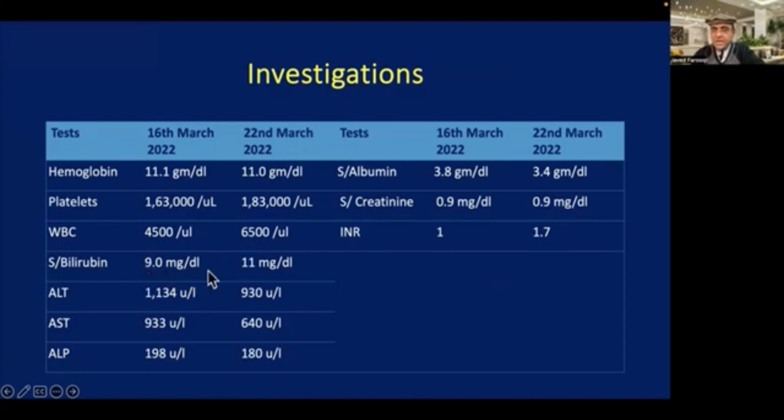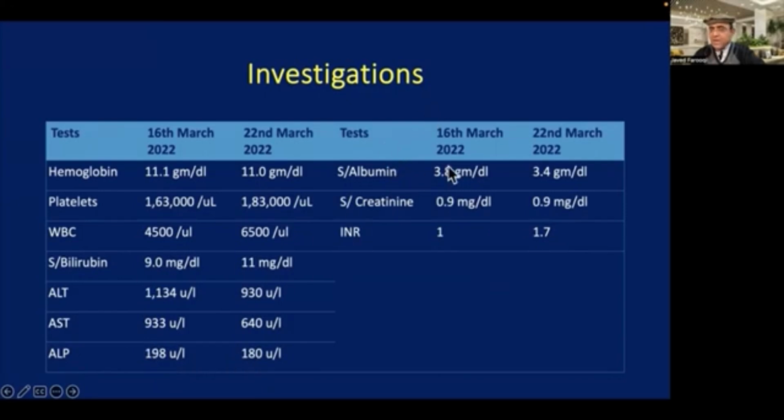Bilirubin was 9, and now it is 11. The ALT was 1100, and now it is 930. AST has dropped from 933 to 640. Alkaline phosphatase, almost the same, 198 on 16th March and 180 on 22nd March.